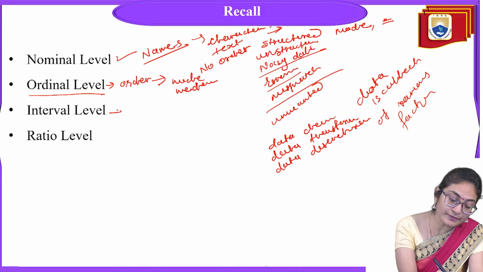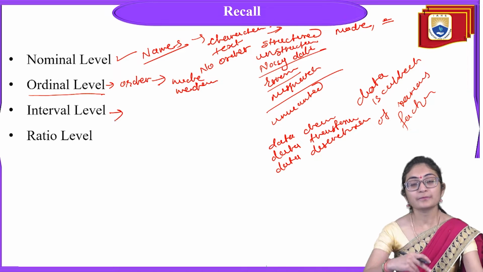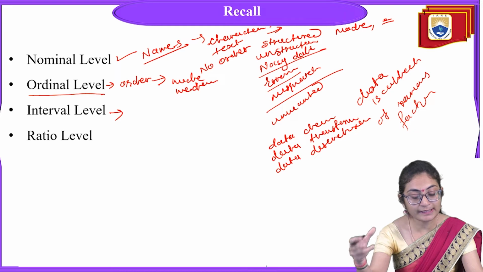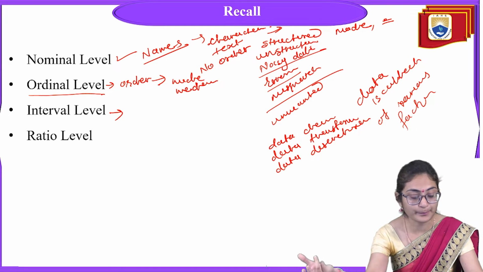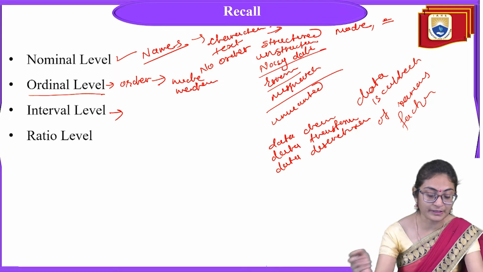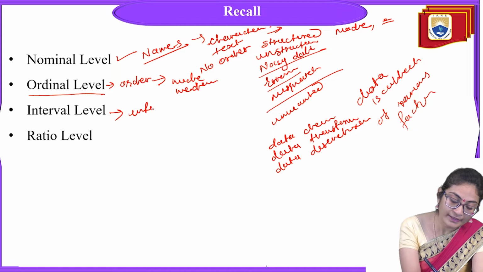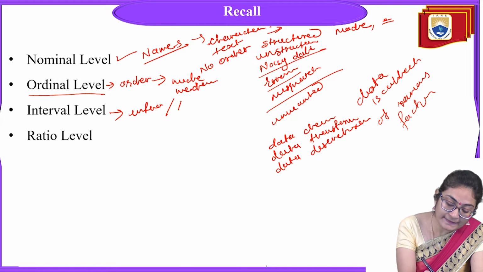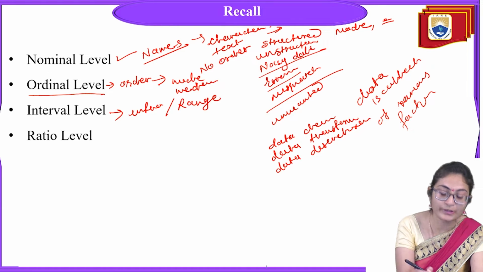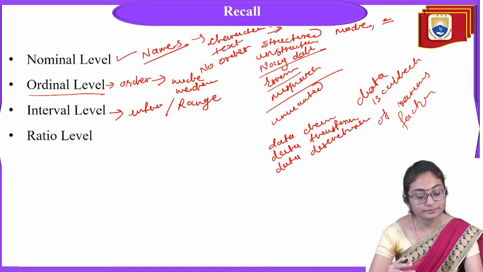Then interval level. Here we set the data in the same interval. That means it is the range. It is showing the range of the data.